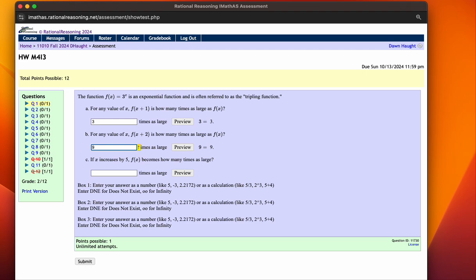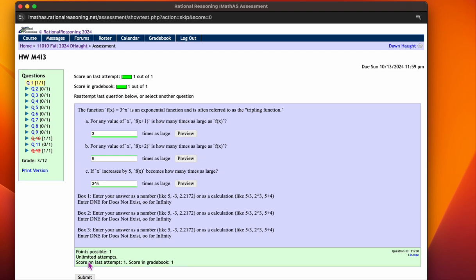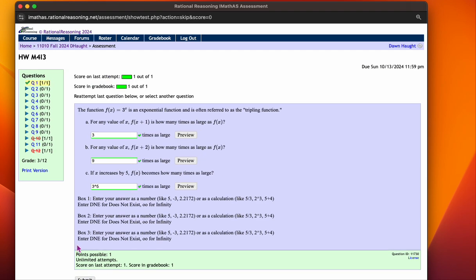If x increases by 5, that would be 3 to the 5th power. Now, I don't know off the top of my head what 3 to the 5th is, so I'm going to let iMath calculate that for me. It's 243. Let's hope Mrs. Hott is correct. And so there you go. That's what they're meaning there.